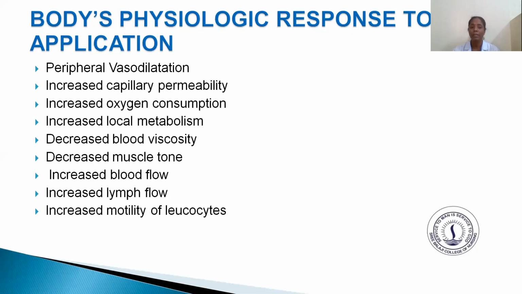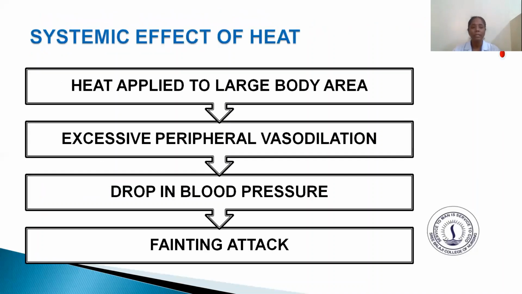Muscle tone increases, with contractions taking place, and the blood flow, lymph flow and mobility of leukocytes increase. This is the body's physiologic response to hot application. So every nurse should concentrate on these physiological functions during the hot application.